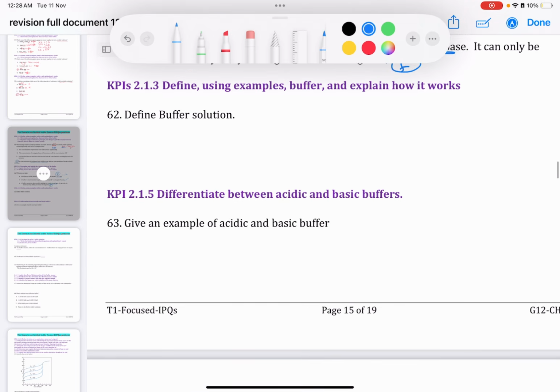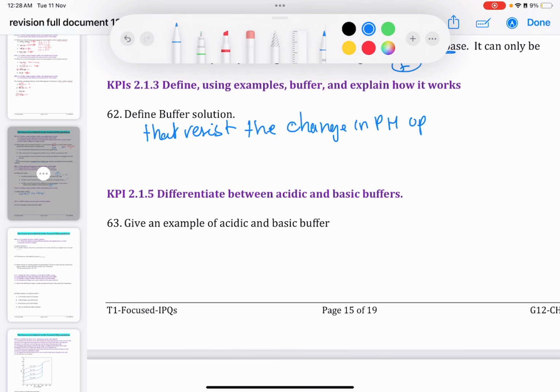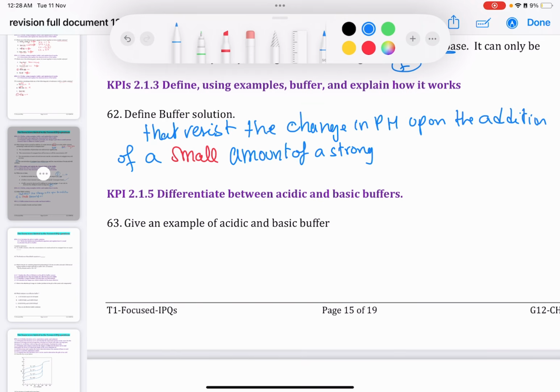Define a buffer solution. A buffer solution is a solution that resists the change in pH upon the addition of a small, and I insist on mentioning small in your answer, a small amount of a strong acid or a strong base to it.